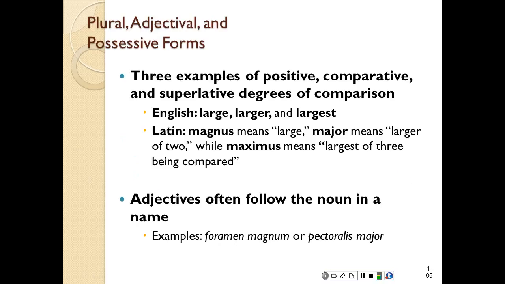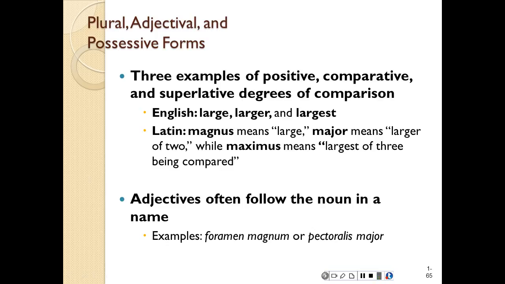There are three examples of positive, comparative, and superlative degrees of comparison, and that's when we're dealing with sizes. For example, when we talk about large, larger, and largest, in Latin you deal with magnus, major, or maximus, minimus.